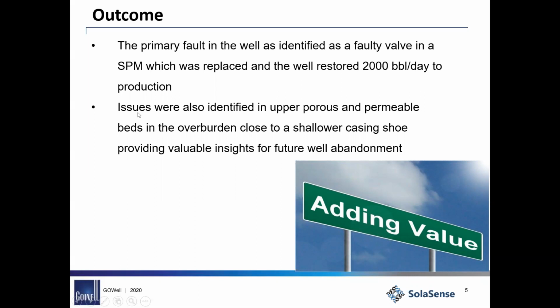And then there were additional issues identified in the upper porous and permeable beds in the overburden that certainly provided the operator with valuable insights into future well abandonment issues. So that's really the main things that came out of this particular study.